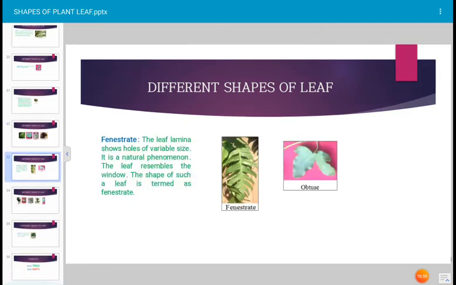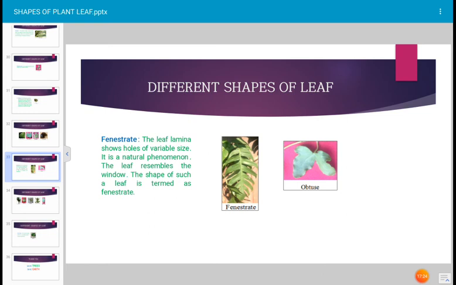Next, this is again one more shape of leaf, fenestrate shape. The leaf lamina shows holes of variable size. It is a natural phenomenon. The leaf resembles a window. The shape of such a leaf is termed as fenestrate, as shown in the photograph on the left side.